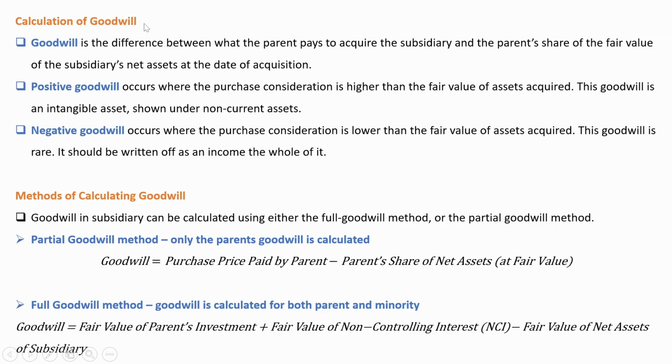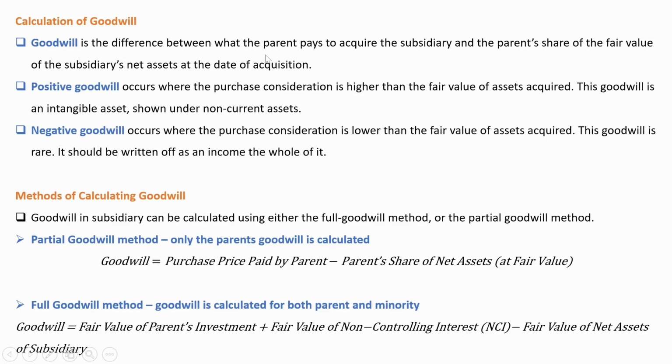So what is goodwill? We can define goodwill as follows. Goodwill is the difference between what the parent pays to acquire the subsidiary and the parent's share of the fair value of the subsidiary's net assets at the date of acquisition. Although we have used subsidiary in this case, it can also be an associate.